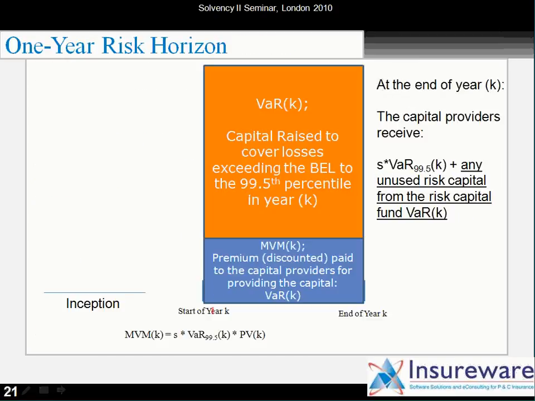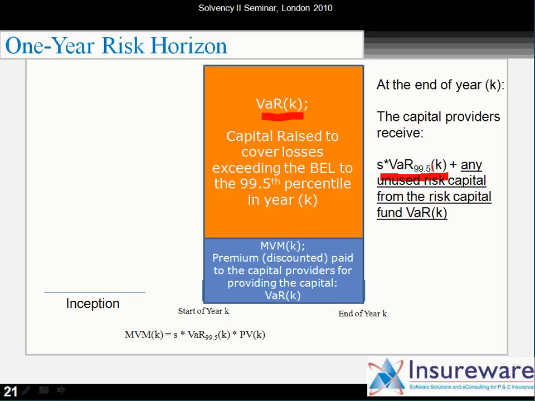Let's suppose at the start of year K, you raise the VaR for year K at 99.5%. That's according to one of the directives. The calendar year is in distress if you reach the 99.5 percentile or quantile. So at the beginning of the year you raise the capital, the VaR for year K. The market value margin, the premium or risk margin you need to pay to the capital providers at the end of the year, irrespective of the size of the losses, is the spread multiplied by the VaR.